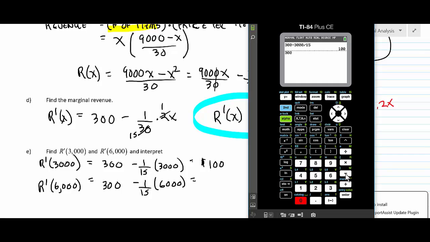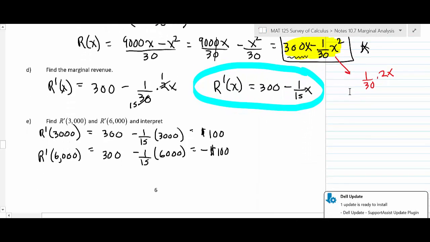You can just go 300 minus 6,000 divided by 15. I think you get a negative number on this one, which is okay. We'll need to talk about what that means. So that is negative 100. So you get the revenue, you do x times p. The marginal revenue is doing the first derivative, and now we're going to evaluate these.